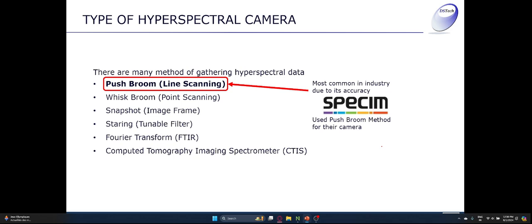And then you have Fourier transform. Normal spectroscopy uses Fourier transform because you generally don't really care about other spectrum. For example, you are looking at, let's say, 400 nanometers.